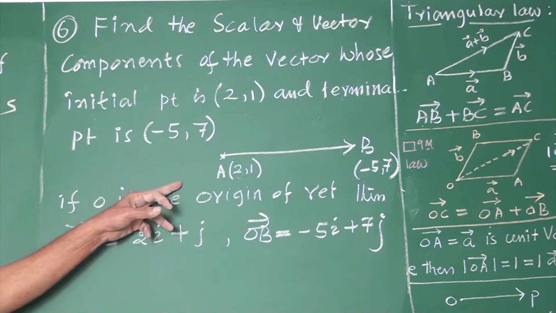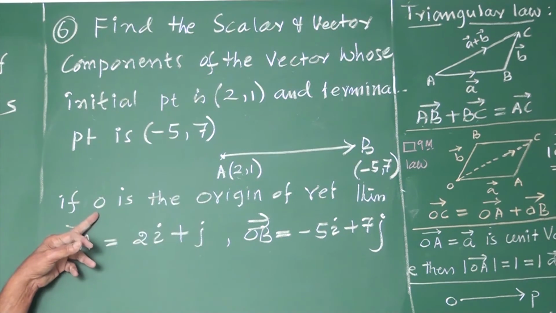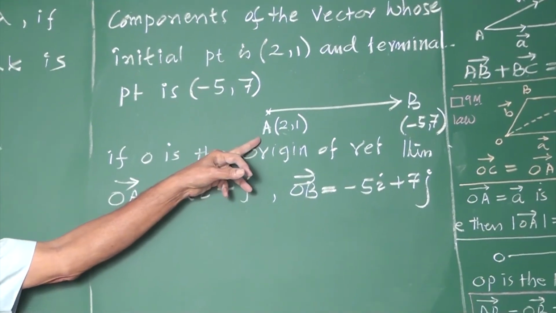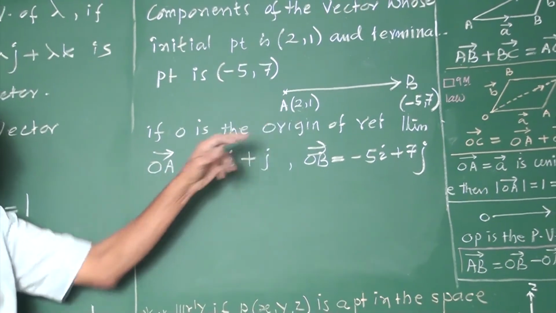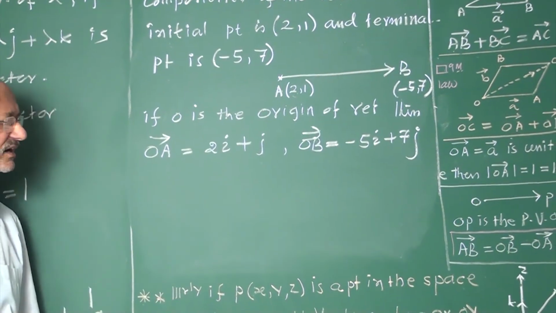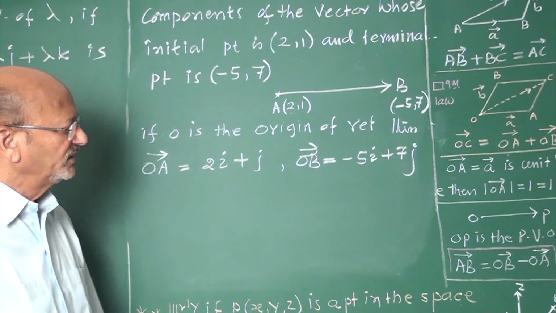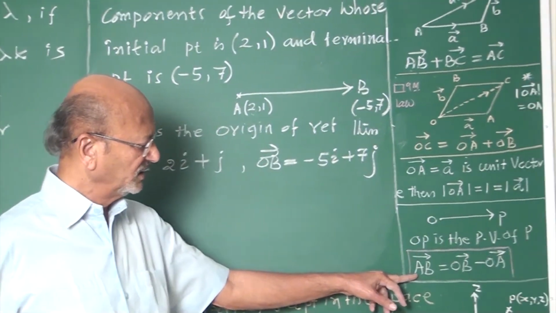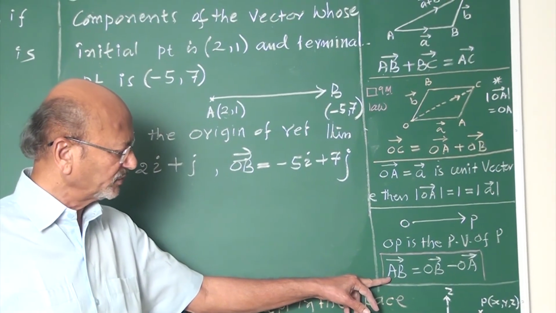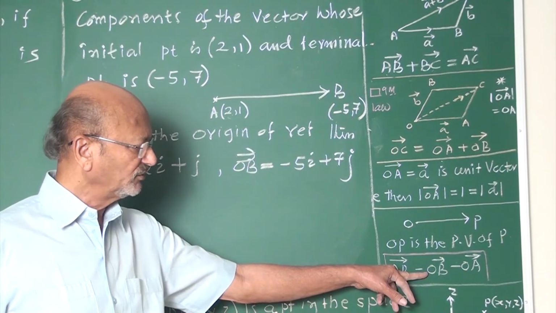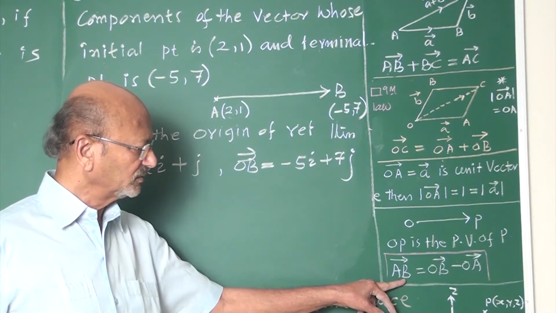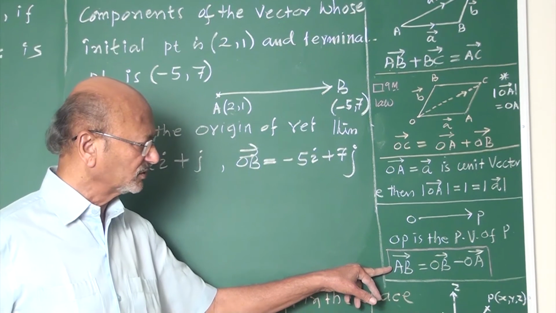So, if O is the origin of reference, then the position vectors of the points A and B, OA and OB, are written. After writing OA and OB, you have to make use of this result: any vector AB can be expressed in terms of position vectors, position vector of the second point minus position vector of the first point.